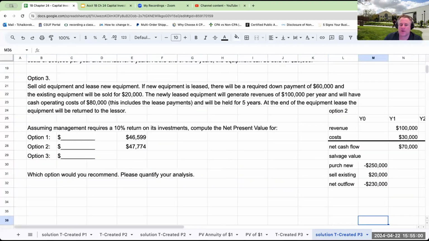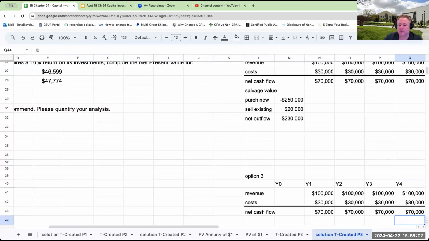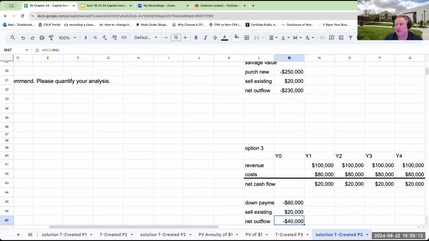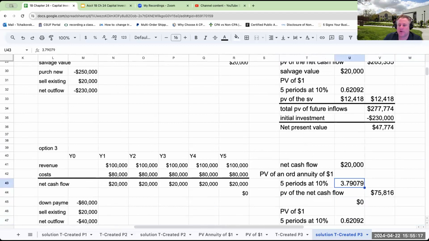So let's go ahead and take a look over here. For this option 3, my costs are 80,000 per year. Remember, this is costing me 60 for the existing 20, and I have a net outflow of 40. So when I come over here, my annual net cash flow is 20,000, right?